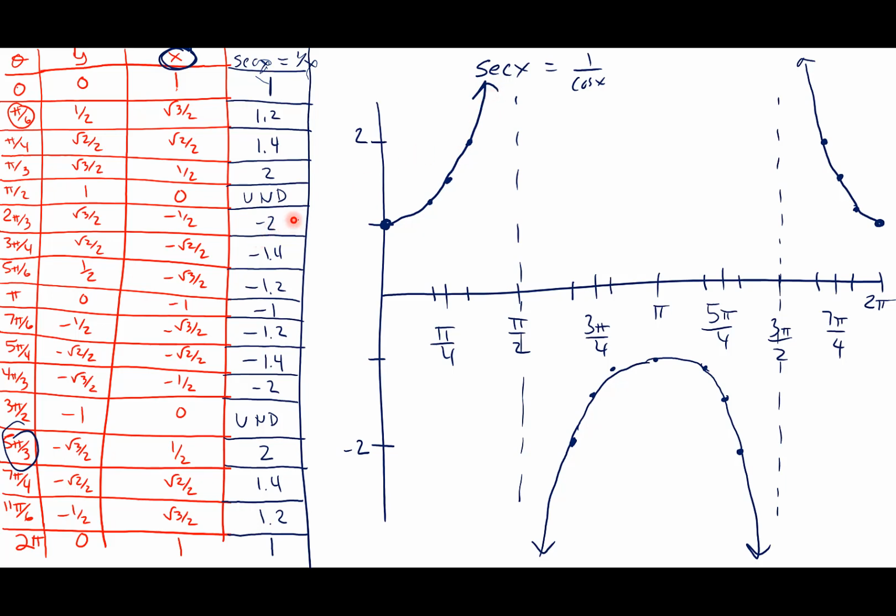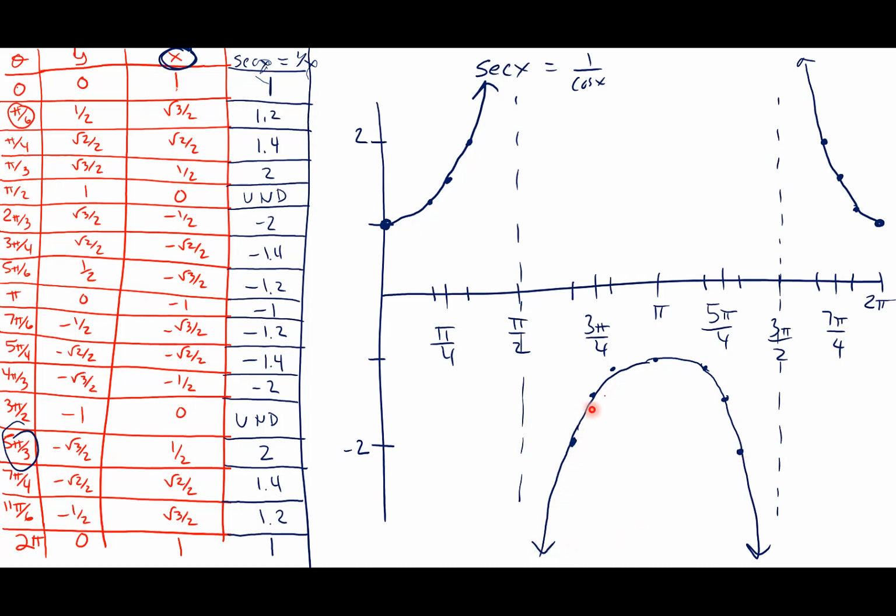Start going the other way here. We start off with dots at -2. Start with negative 1.4, negative 1.2, negative 1, negative 1.2, negative 1.4, and negative 2. So we should have these little dots based upon our table.